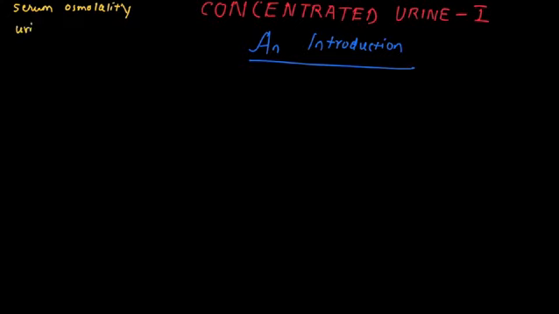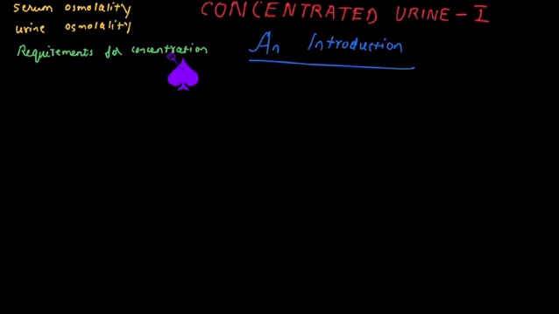So we first need to understand about serum osmolarity, that is the osmolality of serum, then urine osmolality, which differs slightly from serum osmolality, the requirements for the formation of a concentrated urine, and finally the mechanisms by which the urine is concentrated.